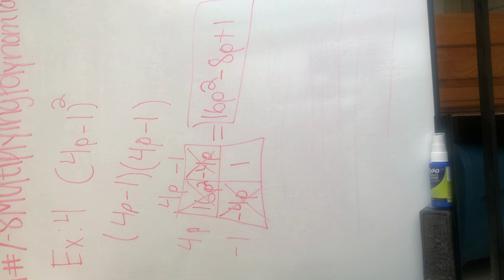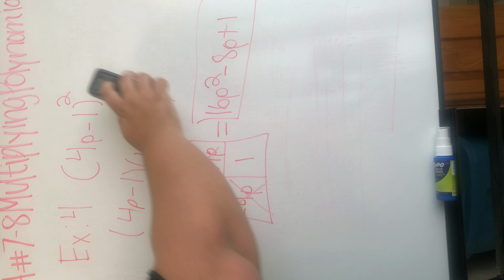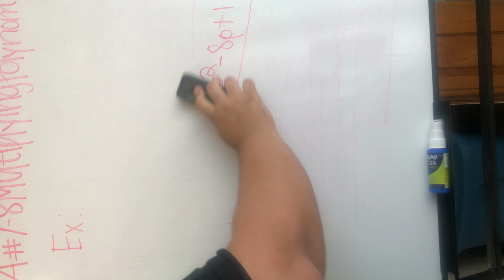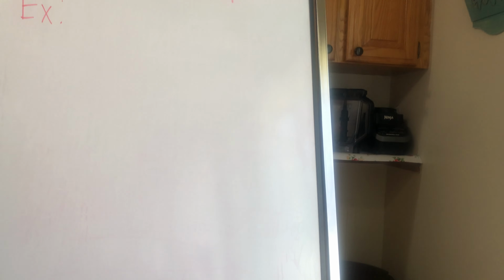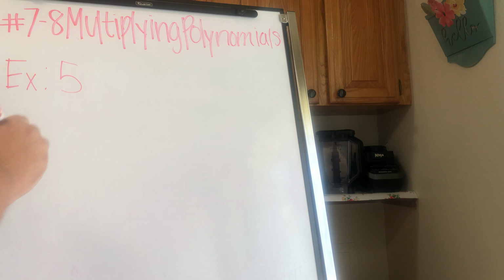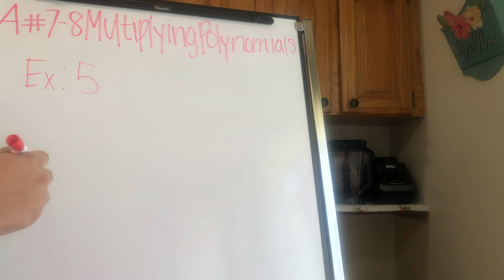Let's go ahead and continue with 2 more examples. So example problem number 5. Number 5 is one of the difficult ones you're going to see on the problems, but it's the same thing as 3 and 4.